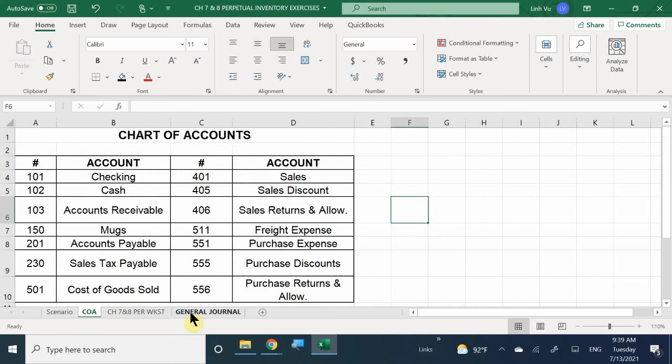Excellent. Now, what else do we need to return as well? Did he get a discount? No. What else did he return as well? Sales tax. We have to give back the sales tax.